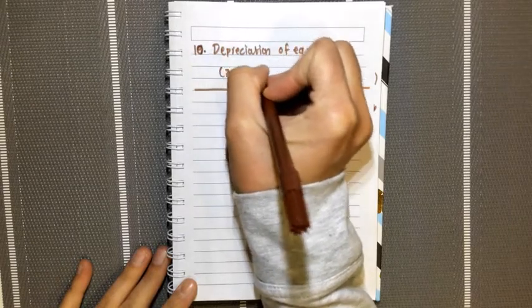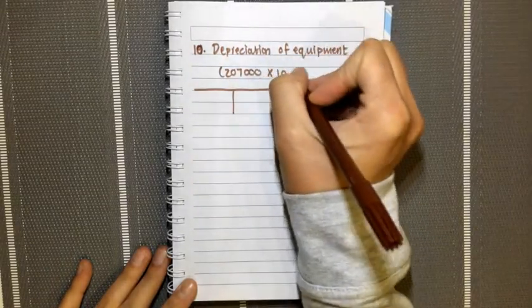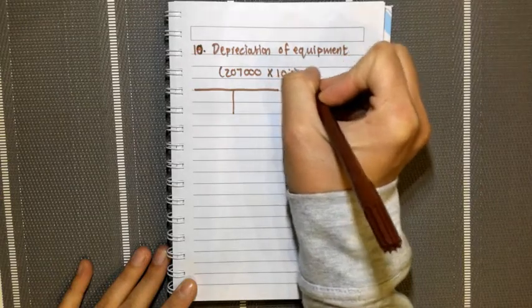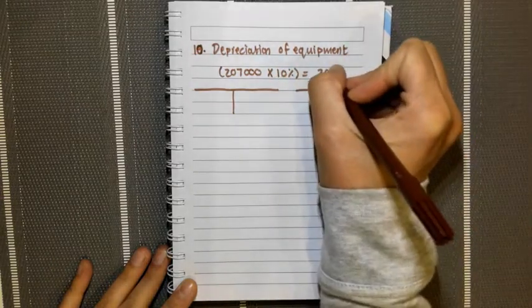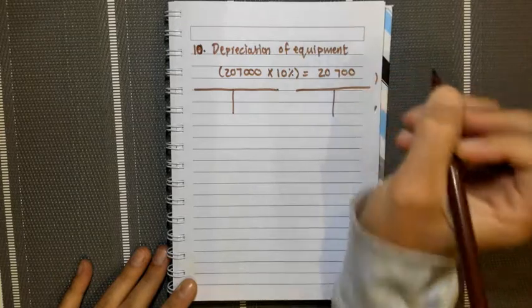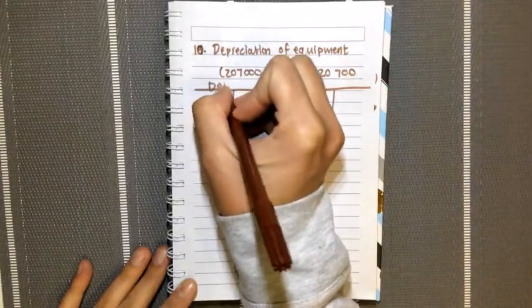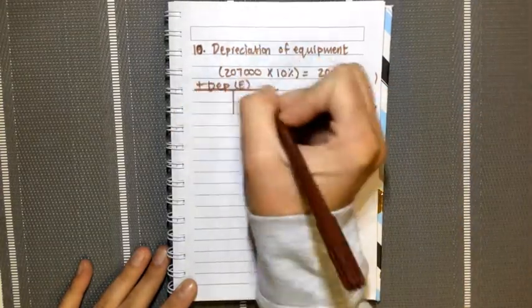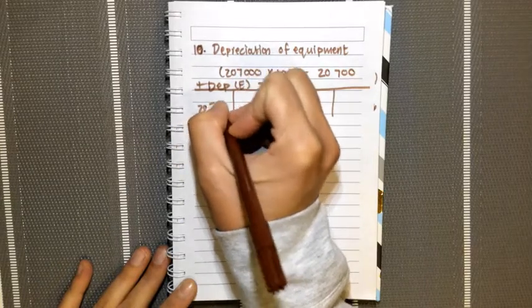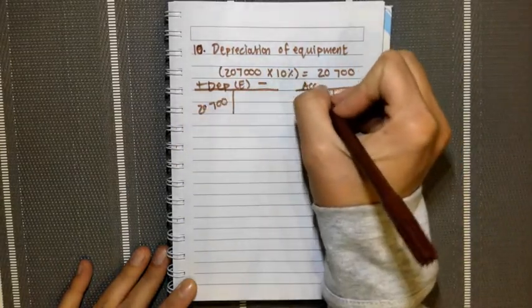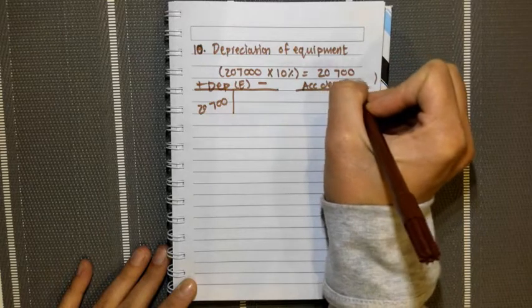That gives you 20,700. Same two accounts, depreciation, it's an expense that is debited, and accumulated depreciation on equipment is a negative asset that gets credited. And that's it.